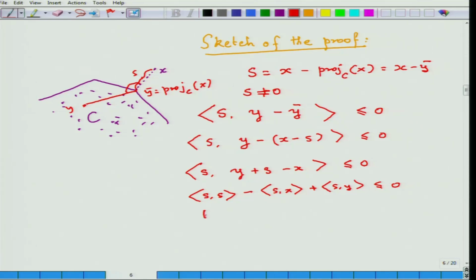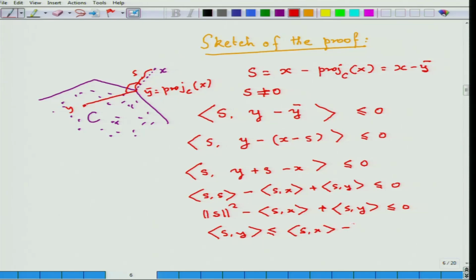So, this can be written as norm square of S minus S x plus S y. This simply means that S of y is less than or equal to S of x minus norm S square. We take this thing to the other side.